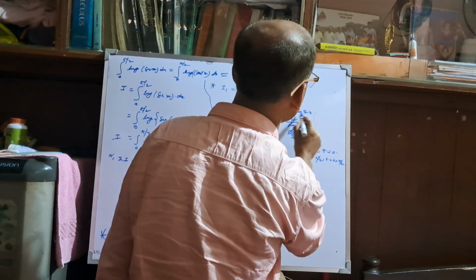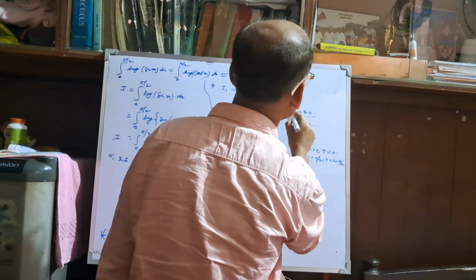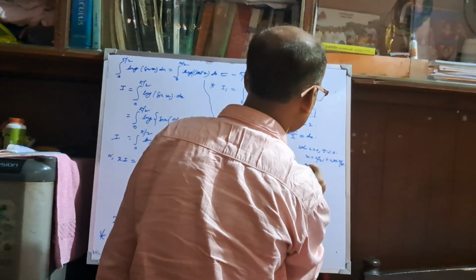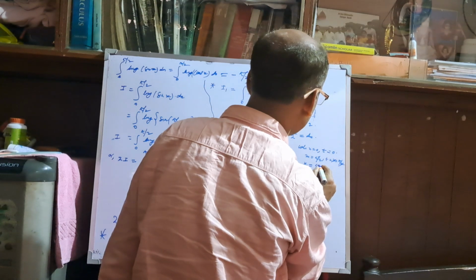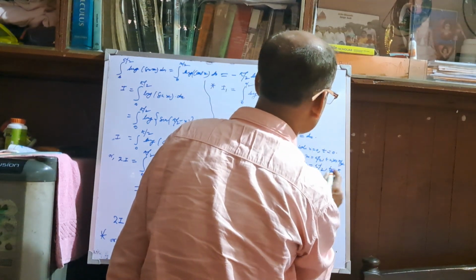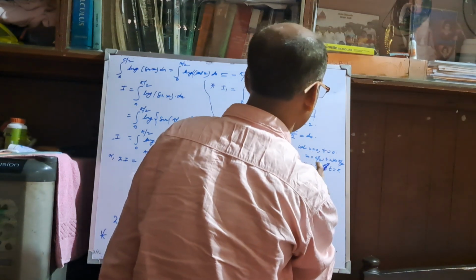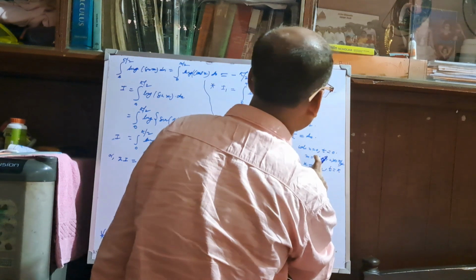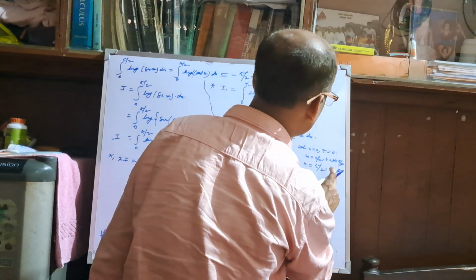Here I am putting it. So the 2 has been cancelled out, so when x is equal to pi by 2, t is equal to pi, I am getting.